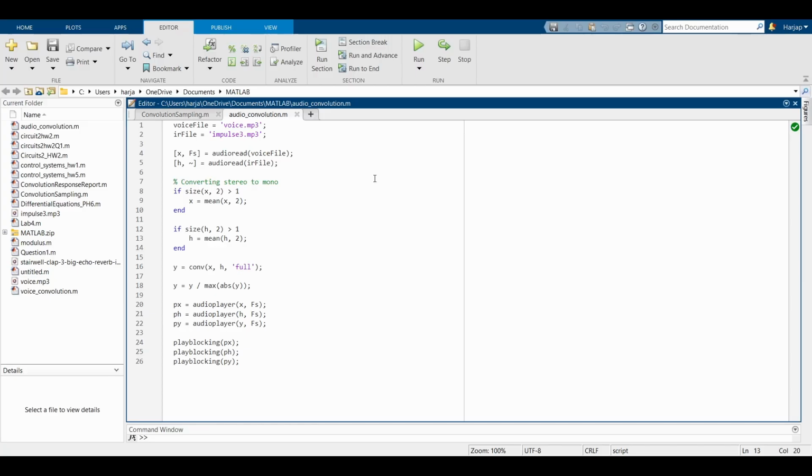The first file is a short clip of me speaking in a dampened room, and another is a recording of an impulse response to a clap in an echoey room. When we convolve my voice with this impulse response, we should be simulating how my voice would sound in that environment. So I'm gonna go ahead and play the audio.